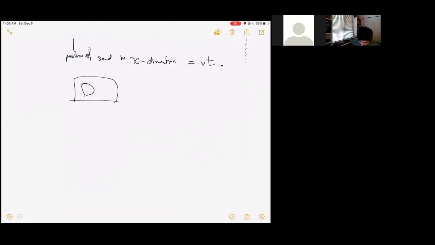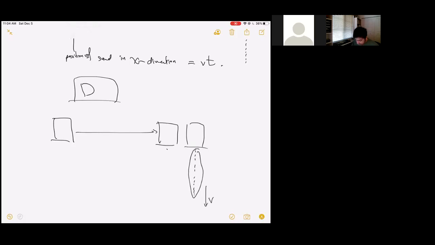So once the helicopter started here, and let's say it gets all the way to its final point on the right, at this point it has a bunch of sand below it. Now, as it moves a little bit to the left, there's sand below it, but this chunk of sand is still going to be falling down with v.